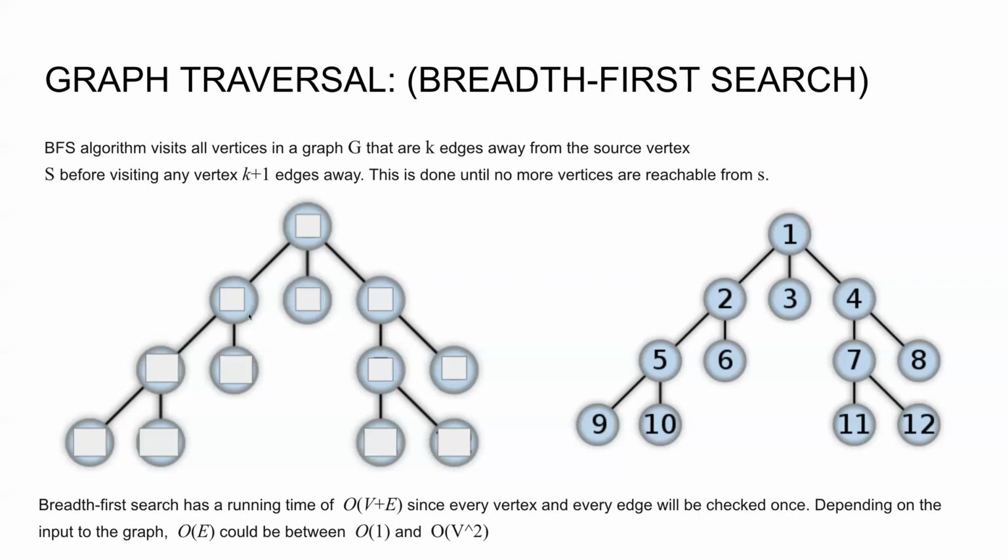Well, you have to visit each vertex and edge at least once, so it's O of V plus E. And the number of edges could be between O(1) and O of V squared. Think about it, right? Because if any pair of vertices are connected, then there are V squared edges.